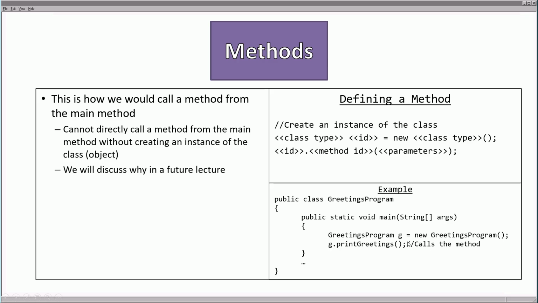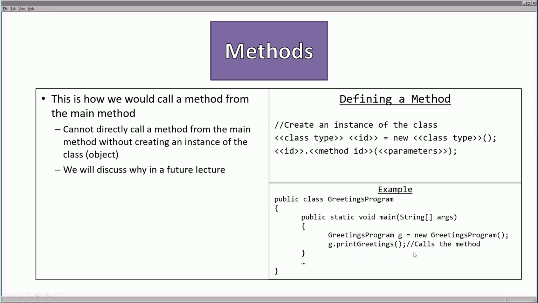We do that by using the word new followed by the type greetings program followed by the parenthesis. What this line of code does is it constructs a new instance of this greeting program that we're going to call g. And now that we have this instance, we can call the method printGreetings from right here.